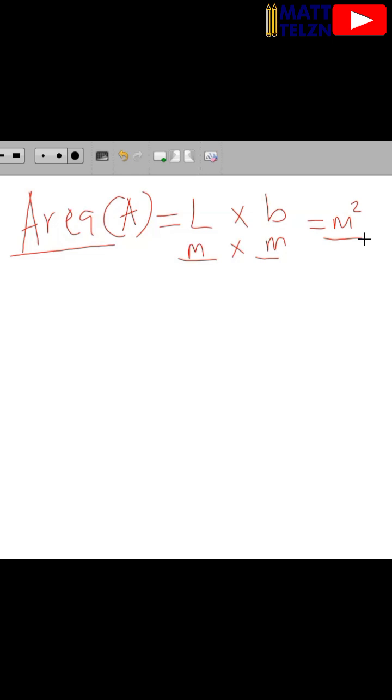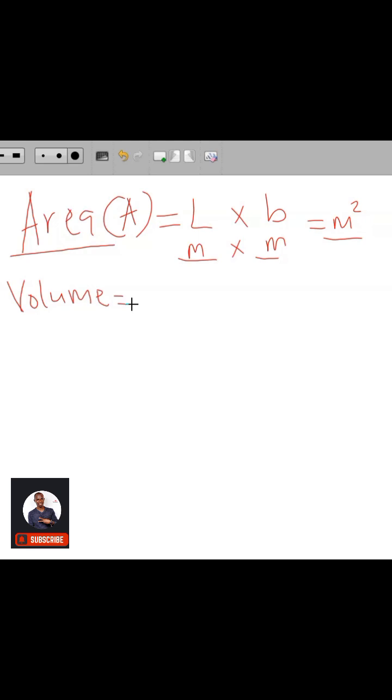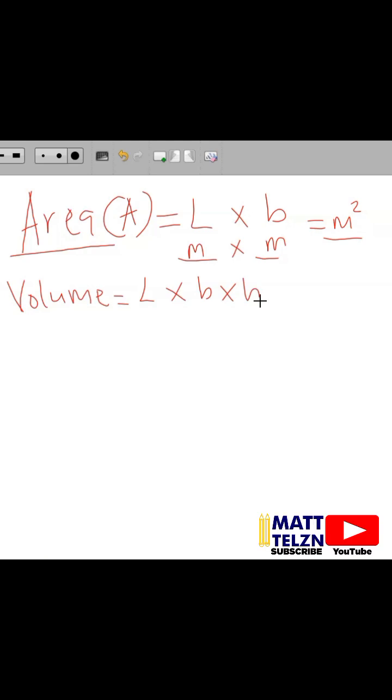Now the next quantity is volume. Volume is a combination of length times breadth times height. Length is measured in meters, breadth is also meters and height is also meters.